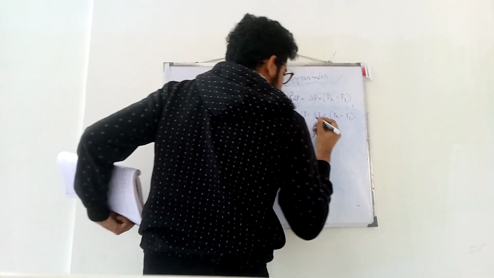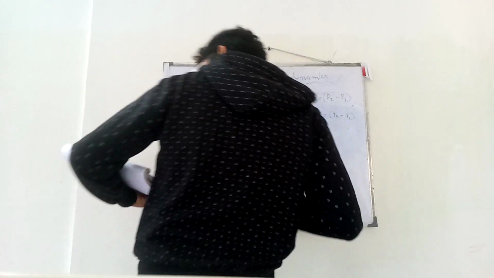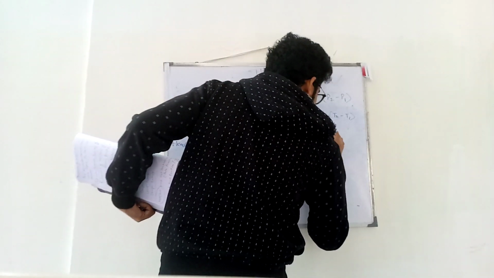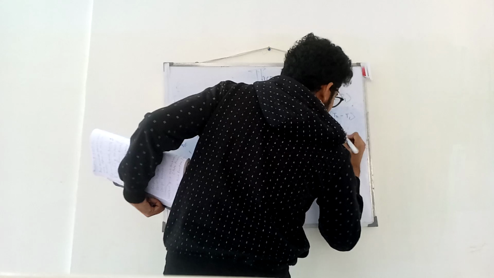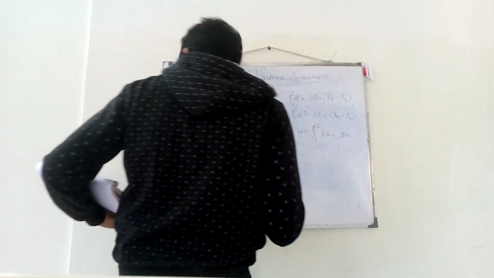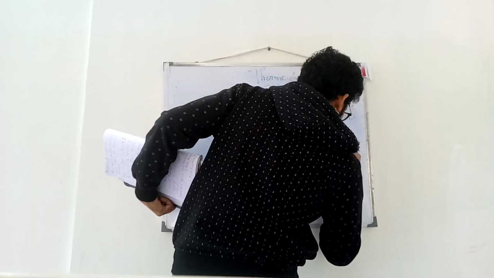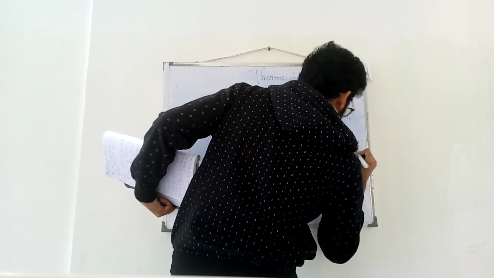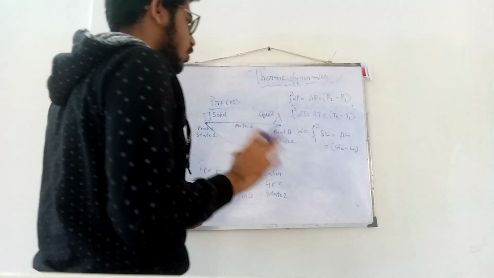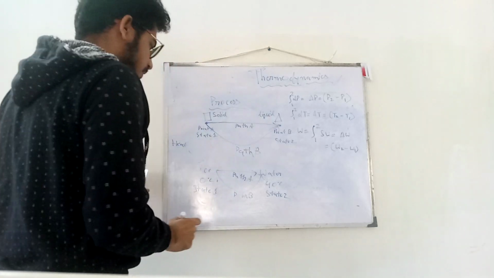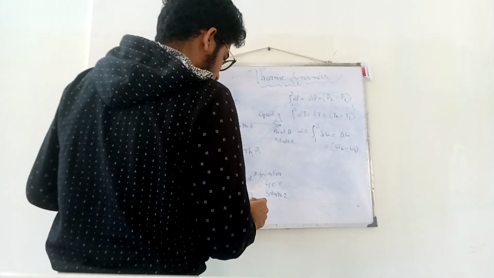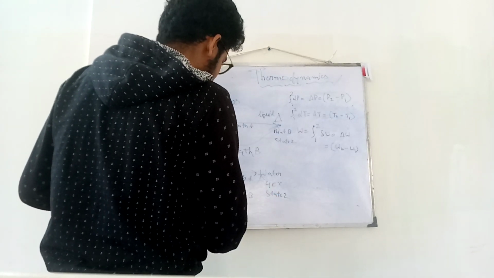When it goes from state 1 to state 2, delta W means W2 minus W1. So the formula of work done means the final work minus the initial work.